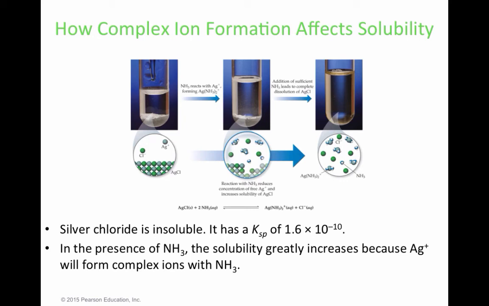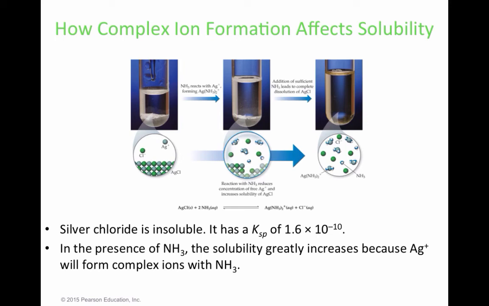Notice that normally in the first picture, silver chloride is not very soluble, so not very many silver ions and chloride ions will exist in the solution. But if we put it into ammonia, so if instead of pure water we use ammonia, notice that it reduces our concentration of free Ag+ ions. It creates this complex ion, and because we can create this complex ion, that increases the solubility of AgCl.